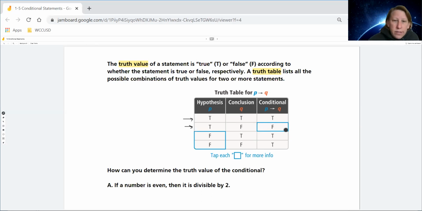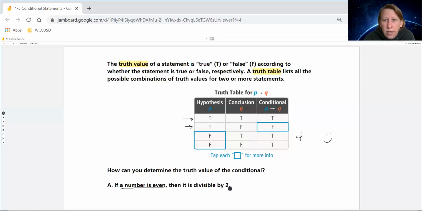Okay, so you look at the statement and you see if this condition has been met, if the hypothesis is true, can you think of a time when this would not be true? Okay, so if a number is even, can you think of any even numbers? Are they always divisible by 2? So 4 is even. Is it divisible by 2?